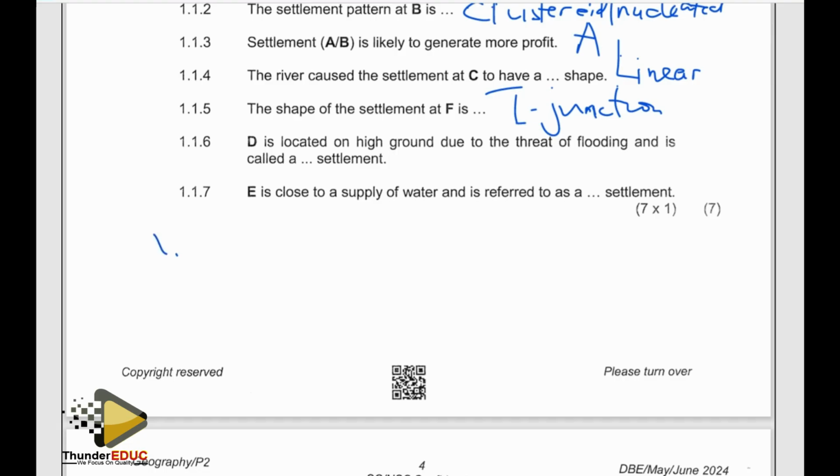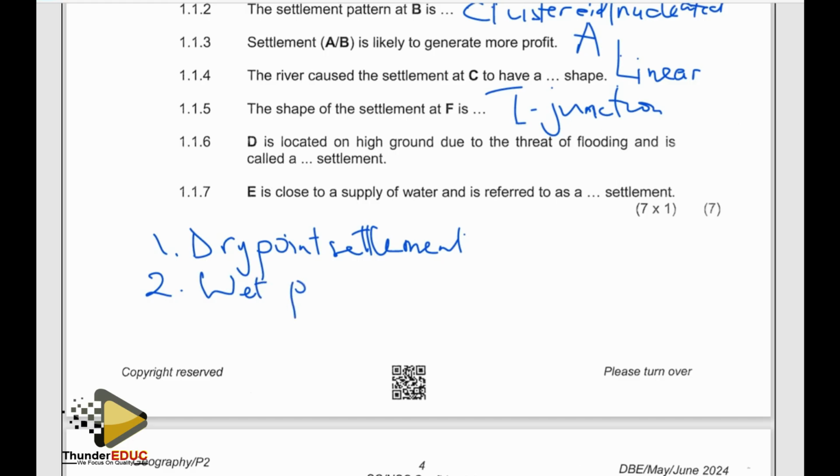But the difference that we need to note here, we have two classifications of settlements' relationship with water. Number one, we have what we call a dry point settlement. And then number two, we have what we call a wet point settlement.